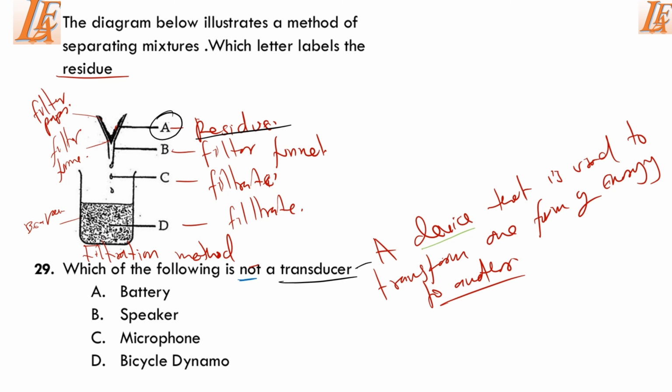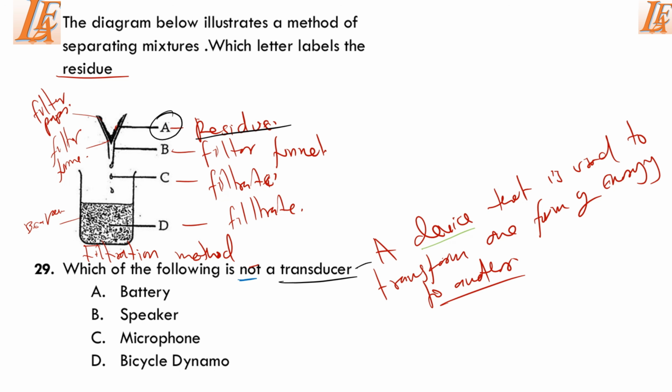A, we have a battery. B, we have a speaker. C, we have a microphone. And then D, we have a dynamo. So in this case, for D, which is a dynamo, this is a transducer because it transforms kinetic energy to electrical energy.